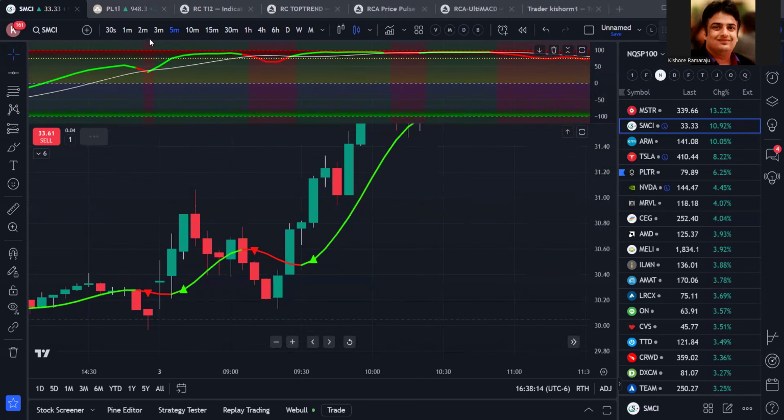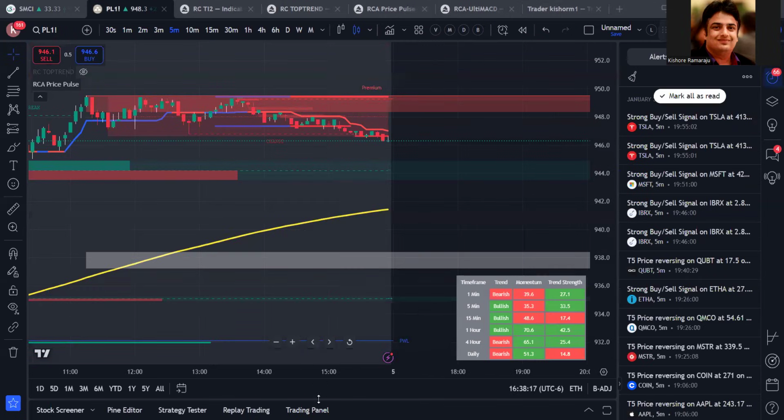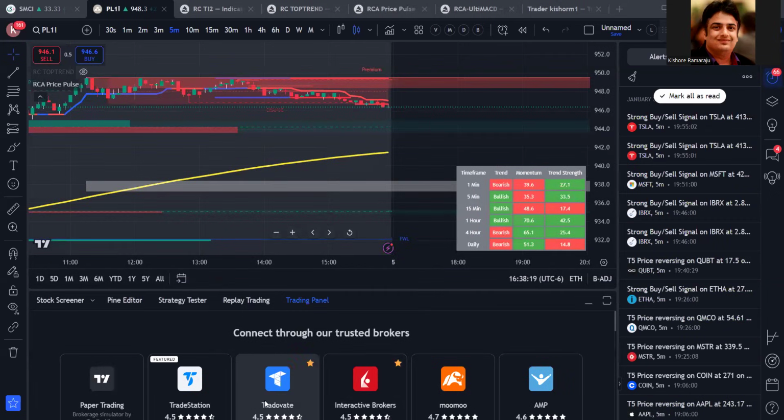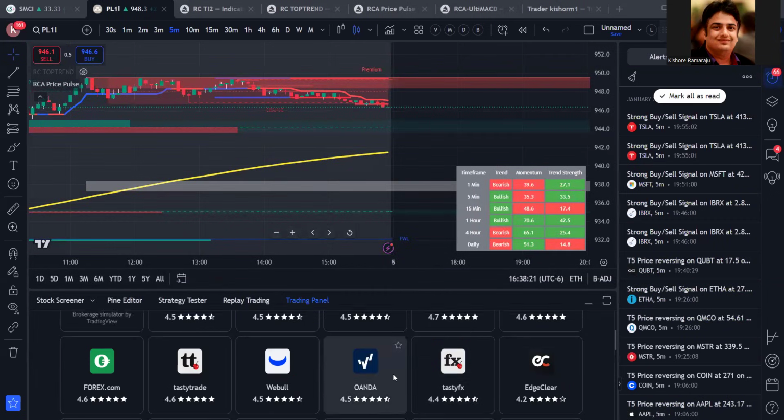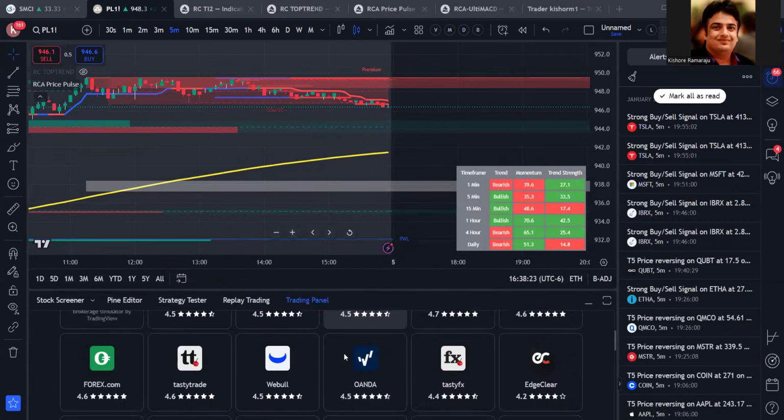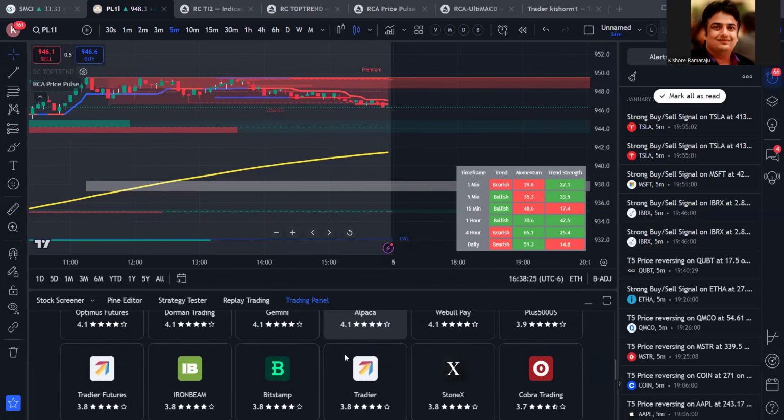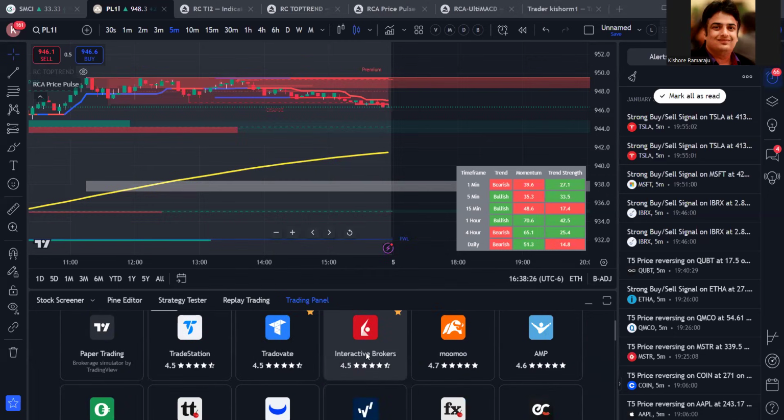If you have something like a broker or Webull, then you can trade directly from TradingView itself. If you have accounts for which TradingView doesn't have an integration, then you can just watch the signal and then go to your brokerage and do the buy or sell.